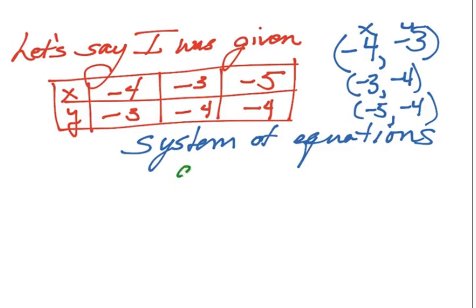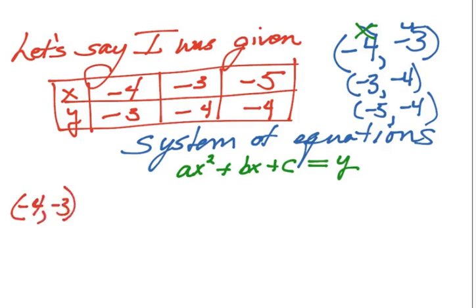Because the standard form is ax squared plus bx plus c equals y, doesn't it? And what did we say we have? We have x's and we have y's. So what could we do with our x's and our y's from this right here? Well, let's start with -4, -3.